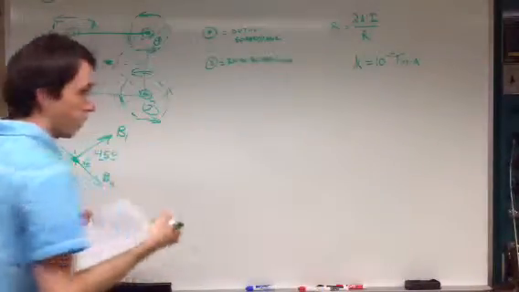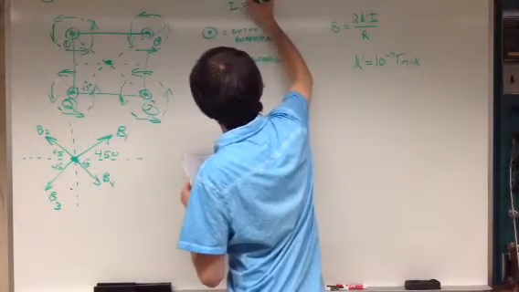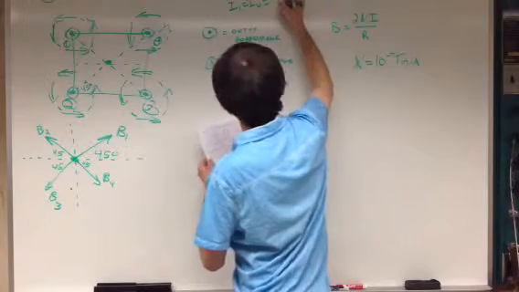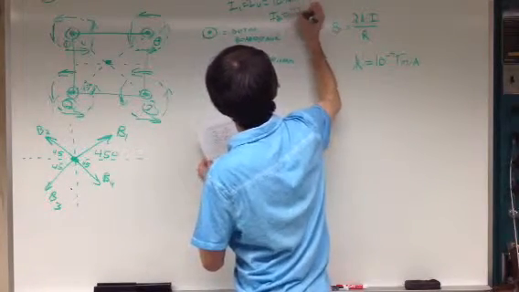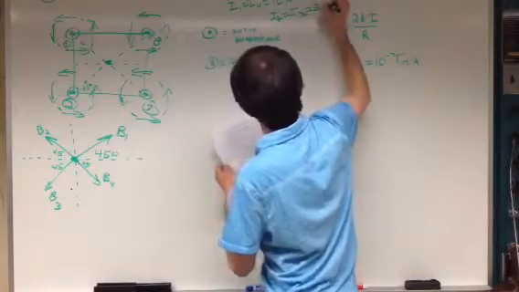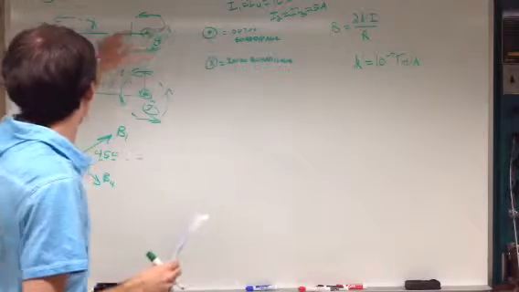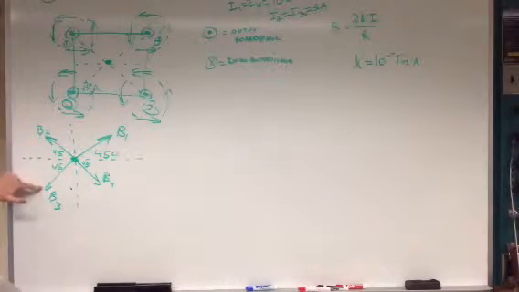Now we do this for all 4. Now the current for 1 equals the current of 4 equals 10 amps. And for 2, it equals 3, and that's 5 amps. So 1 and 4 are the same, and 2 and 3 are the same.